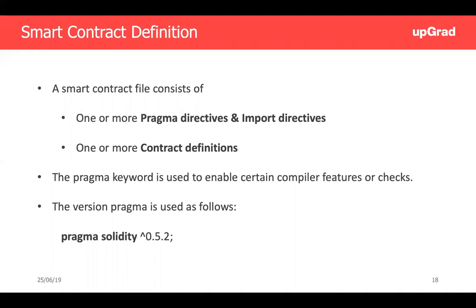Import directives, if you've used languages like Java or any other languages which support inheritance, are a way of importing code written in some other file and then inheriting it as part of your existing code. So you can import other sol files inside your existing files using import directives, and towards the very beginning of your sol files, you will be entering the pragma directives.